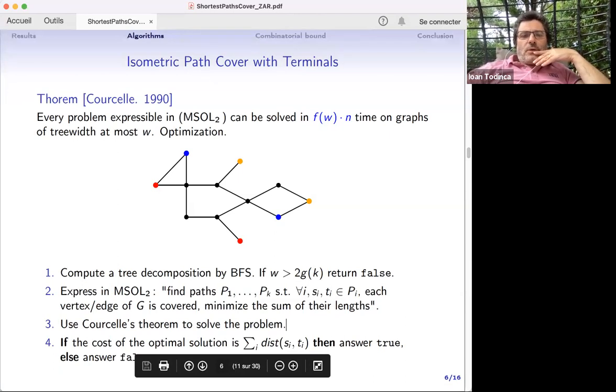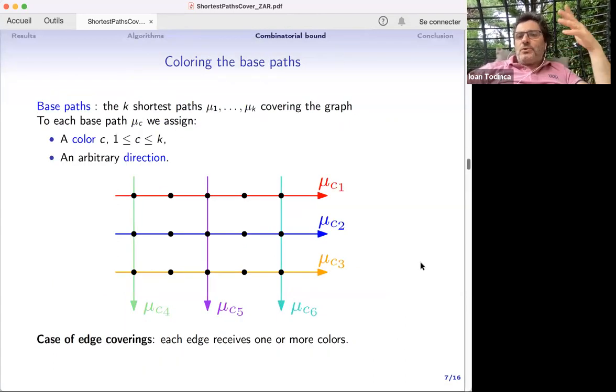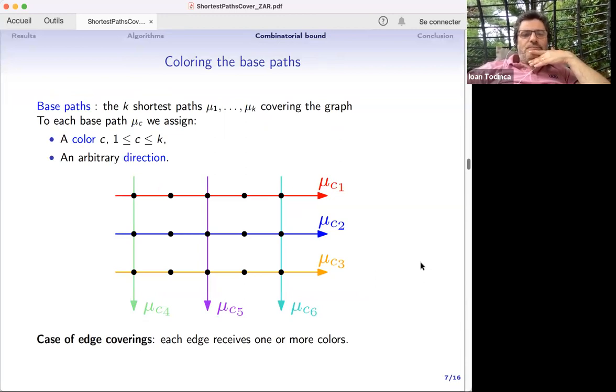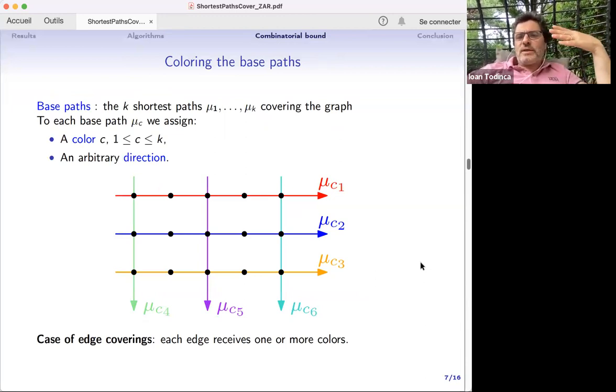Okay, so let me go back to my combinatorial part, which is I think the most interesting one. Again, I assume that I'm given a yes instance, and I also only speak of edge coverings. So I have a graph that is coverable by k shortest paths here. k is 6 in my example. I give one color to each path to make it nicer, and I also choose an orientation.